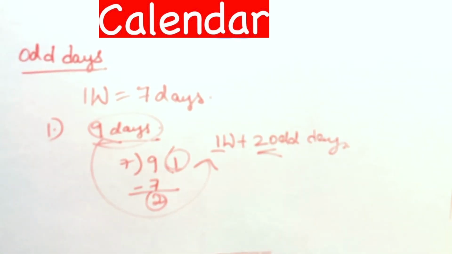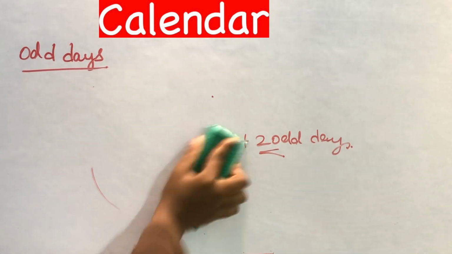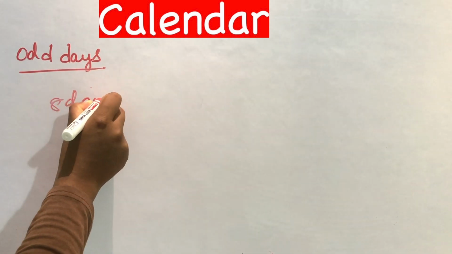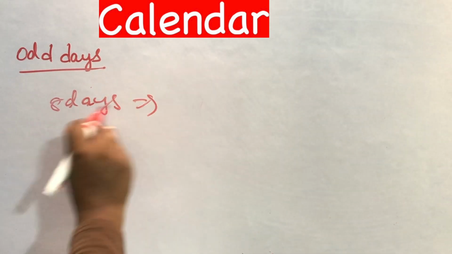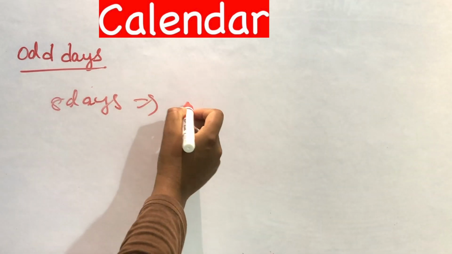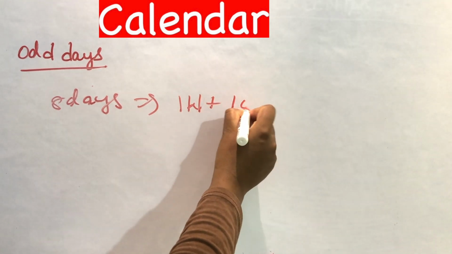Okay. Now let's try to calculate few more odd days. Okay. So let's say we have 8 days. So for this 8 days, if we divide this 8 days with 7, we'll get the value as 1 week plus 1 odd day.